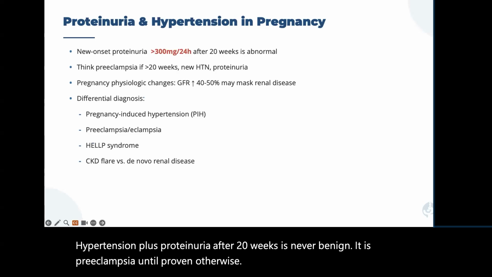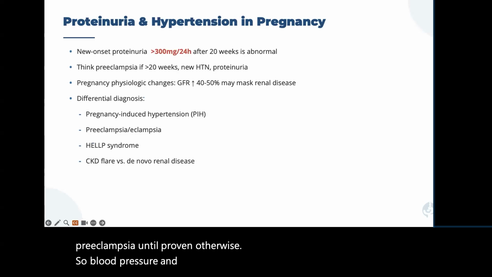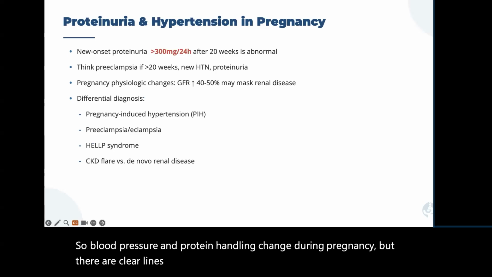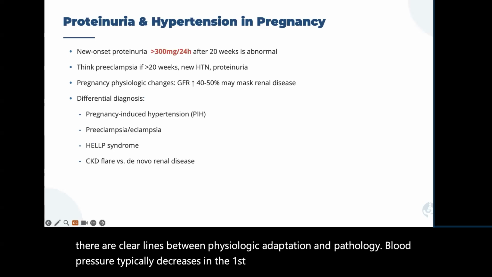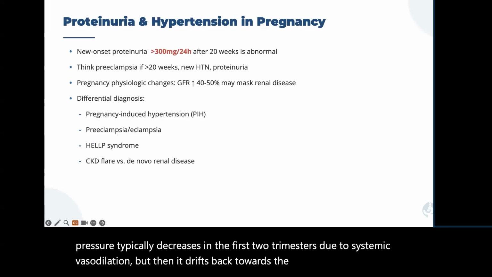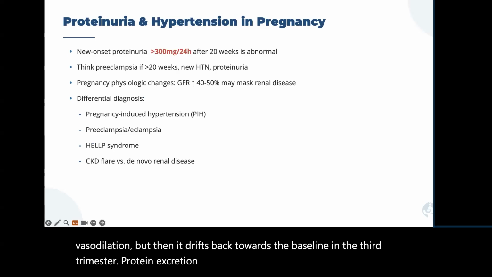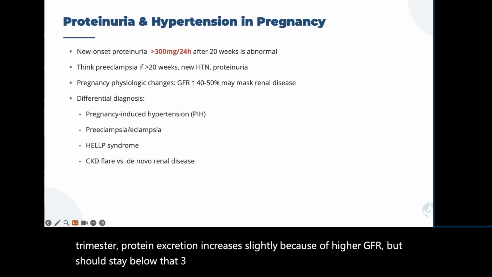So blood pressure and protein handling change during pregnancy, but there are clear lines between physiologic adaptation and pathology. Blood pressure typically decreases in the first 2 trimesters due to systemic vasodilation, but then it drifts back towards the baseline in the 3rd trimester. Protein excretion increases slightly because of higher GFR, but should stay below that 300 milligrams a day.